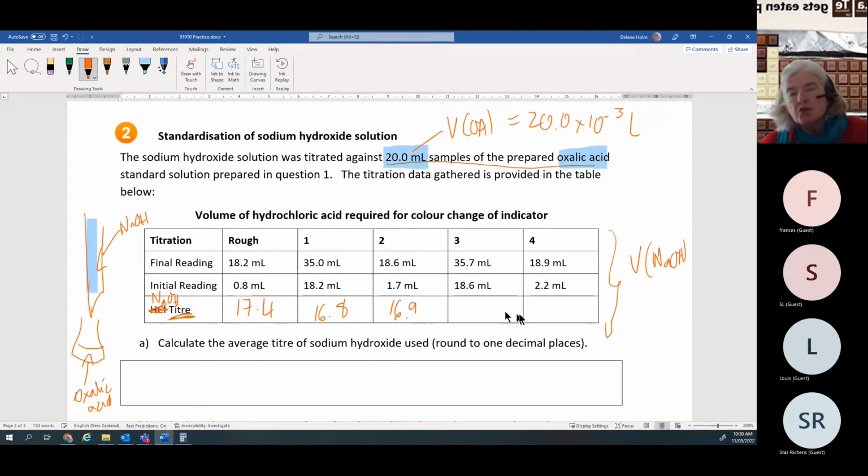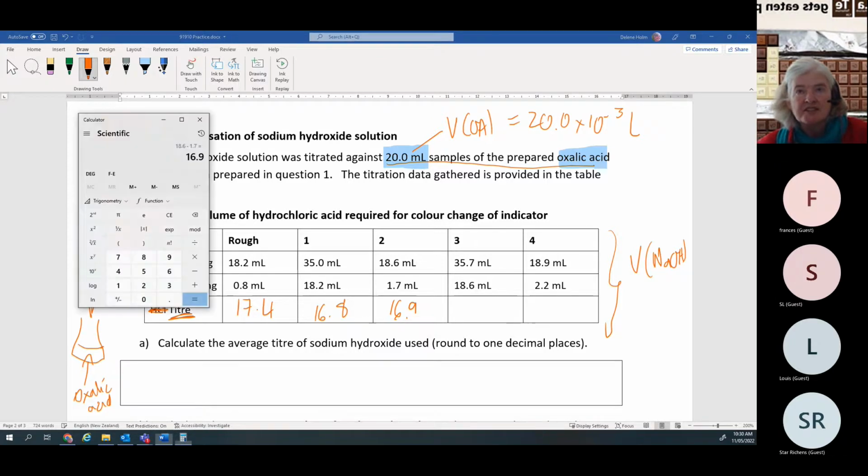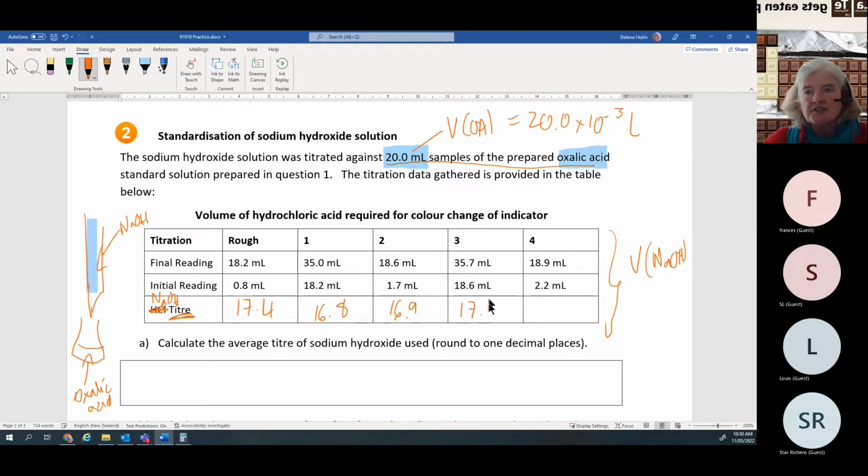So in the lab, you would be doing these titrations until you get 3 reasonable ones. Let's see if we've got this one: 35.7 subtract 18.6 equals 17.1. Now, 17.1 is okay within there, but you should have results within 0.2 milliliters.